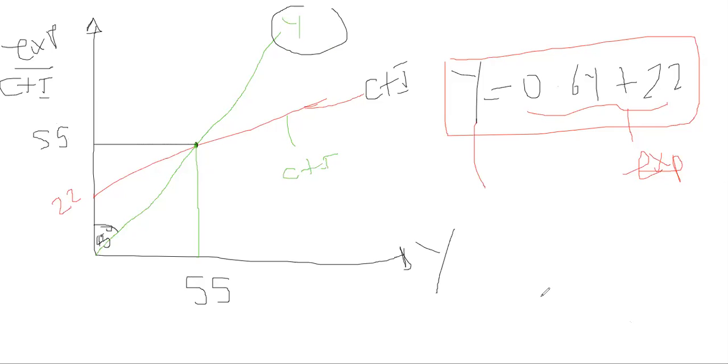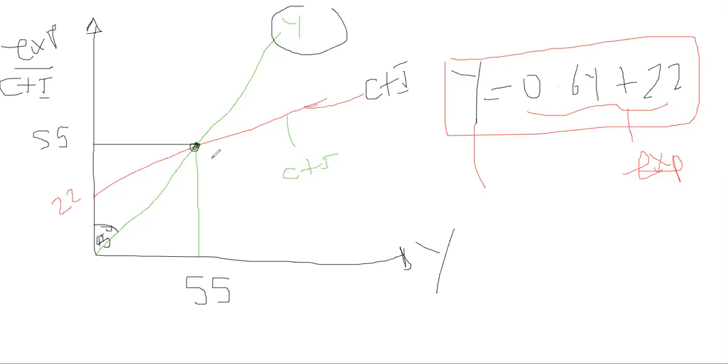Remember that our equilibrium level of consumption was not 45, it was 43. Yes, 43 plus 12 gives you 55. The 12 is the investment, and C is the consumption.